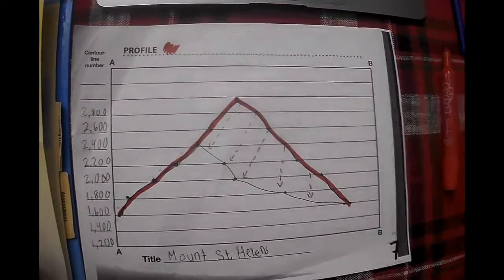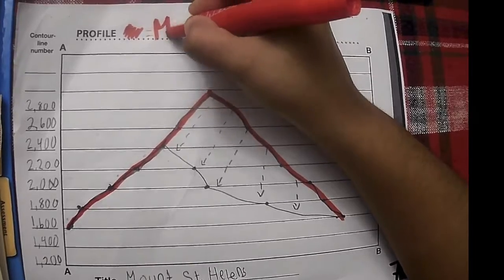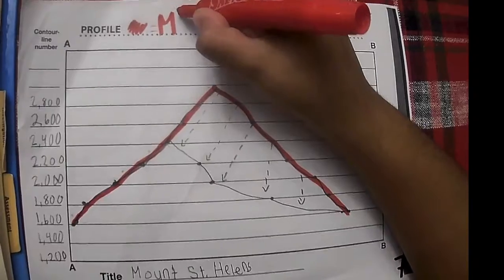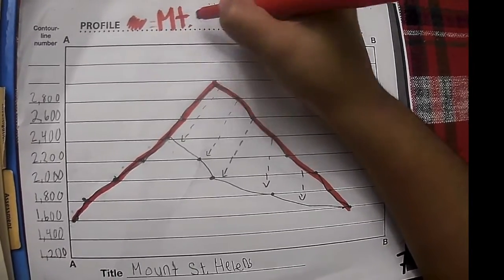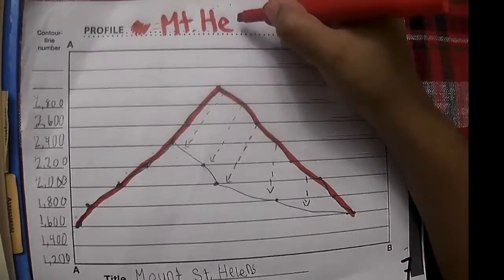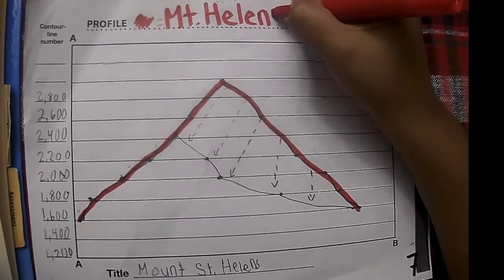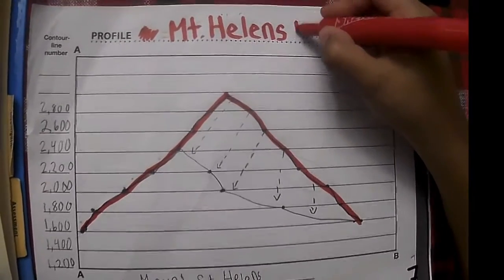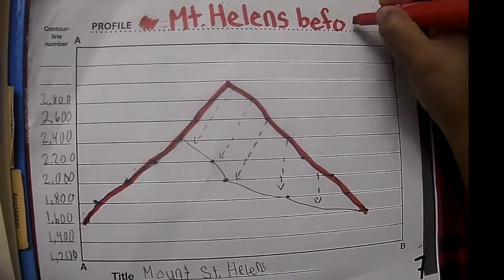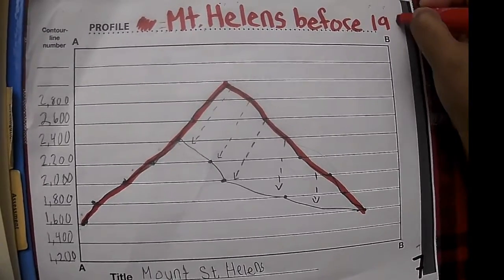And next to it, we're going to write the abbreviation for Mount, which is MT. Helens. Before 1980.